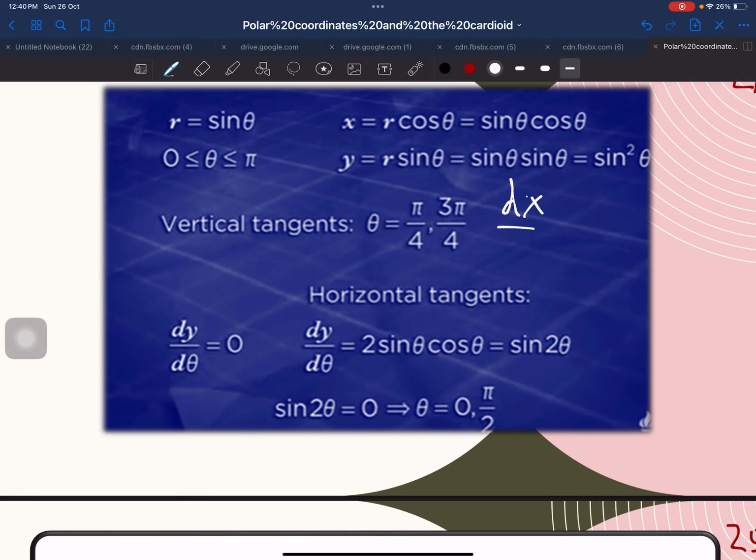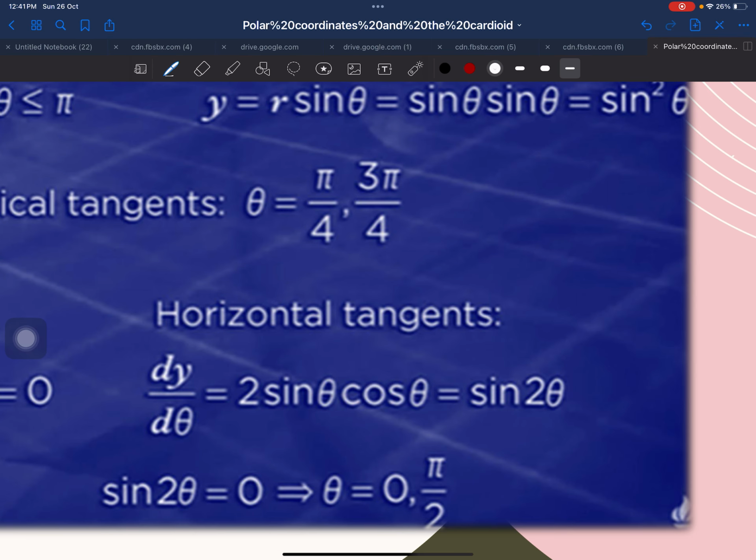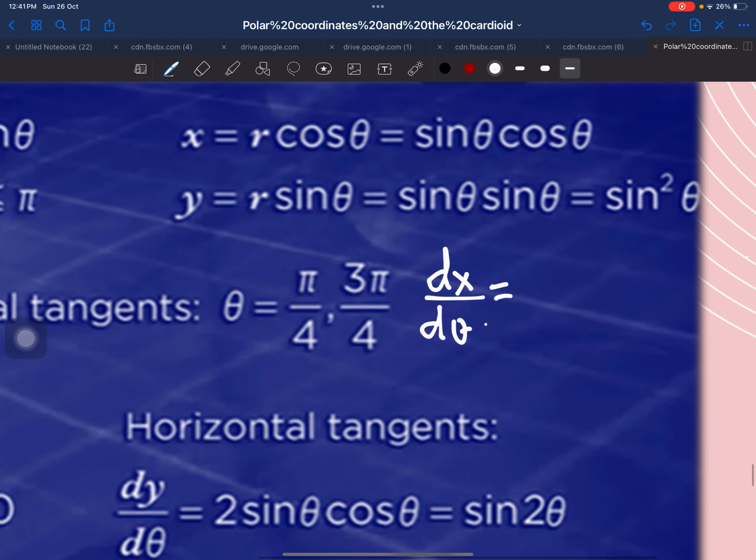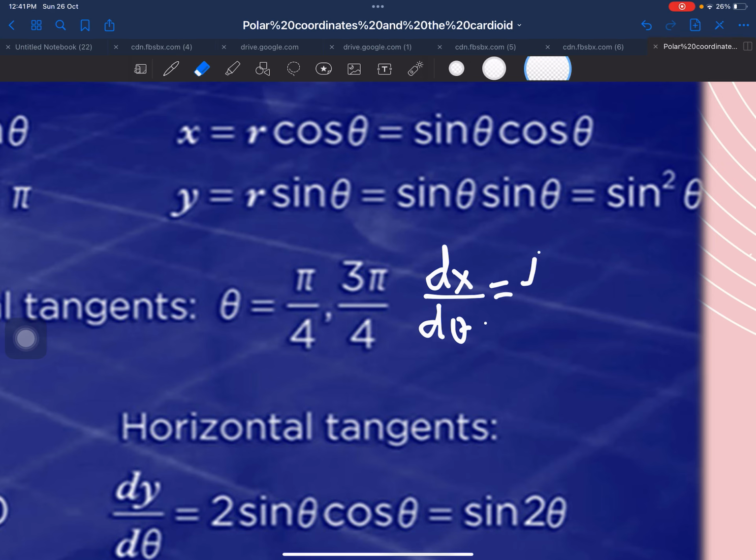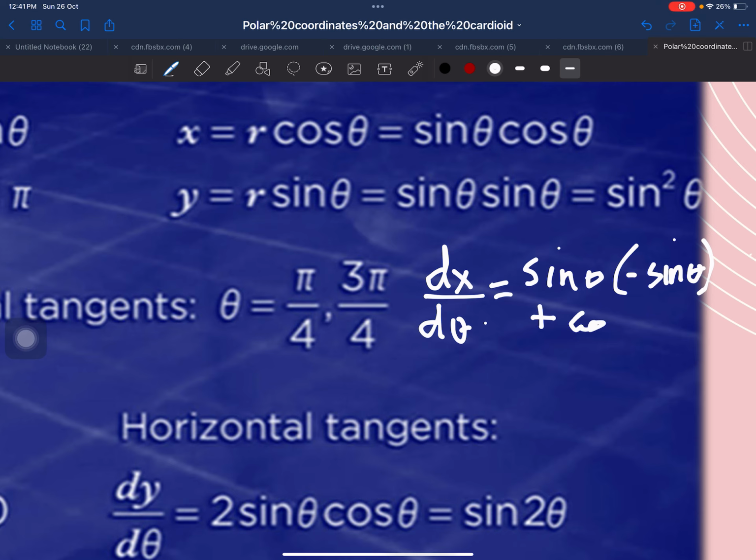Let me write it properly. dx d theta, the derivative of x with respect to theta, is equal to the first, sine theta, times the derivative of cosine theta, which is negative sine theta, plus the second, cosine theta, times the derivative of sine, which is cosine theta.